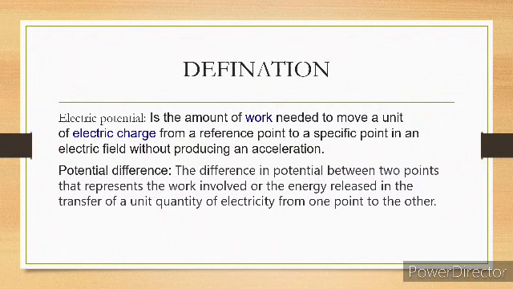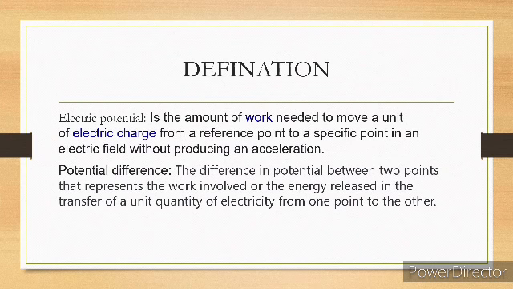Now the next definition we are going to see is electric potential and potential difference. Electric potential is the amount of work needed to move a unit of electrical charge from a reference point to a specific point in an electric field without producing any acceleration.